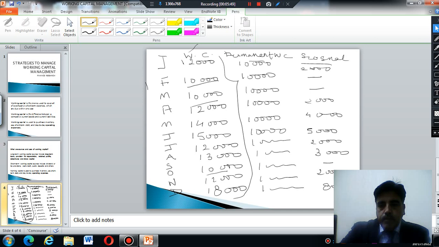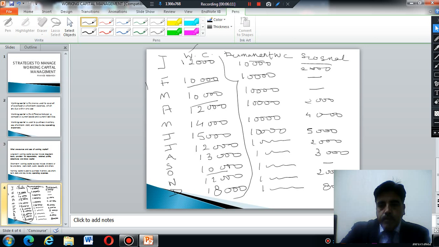So this is what we are concerned with: calculating the cost of acquiring the short-term debt in order to maintain the permanent working capital, because we have taken the least amount here, and this is known as part of the hedging concept.